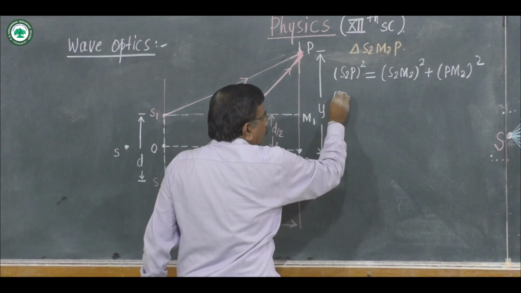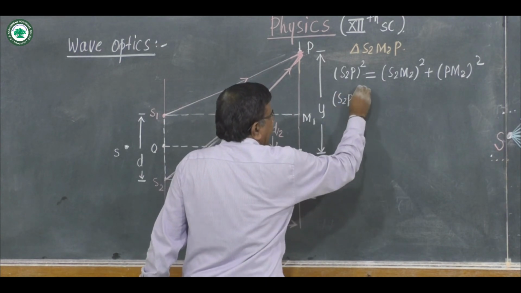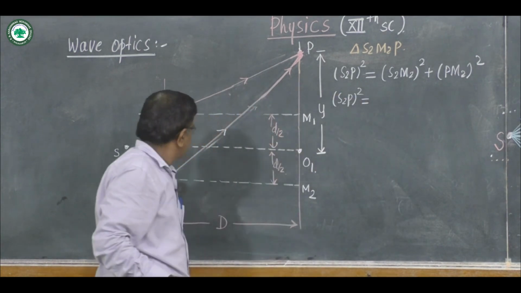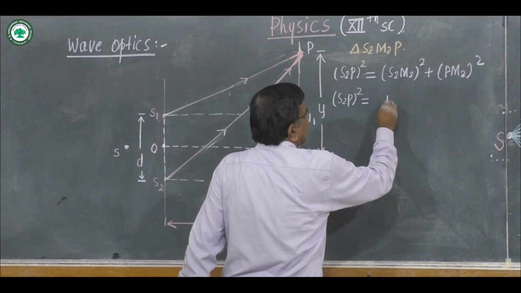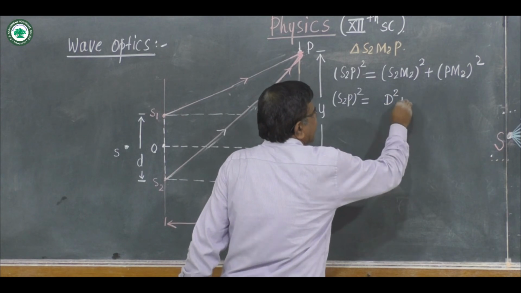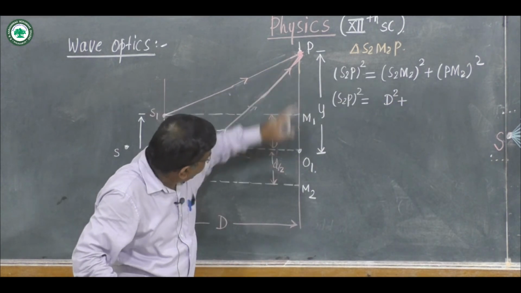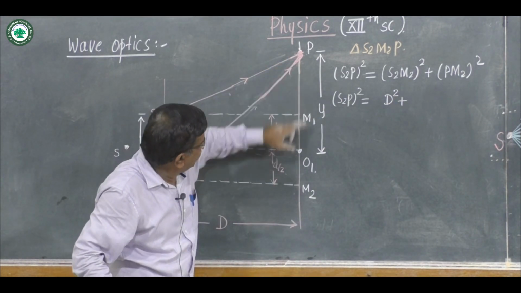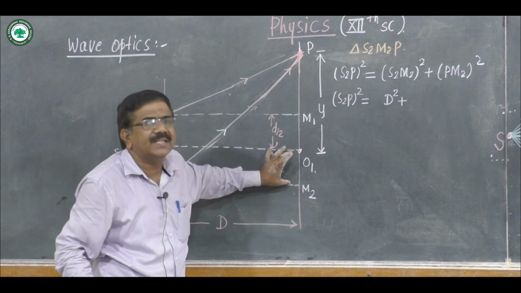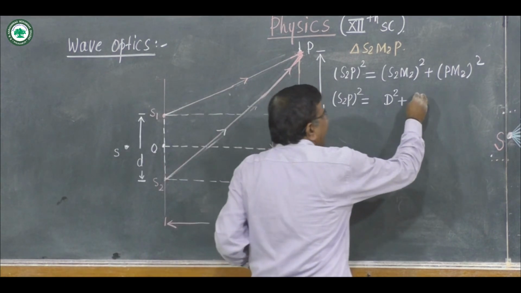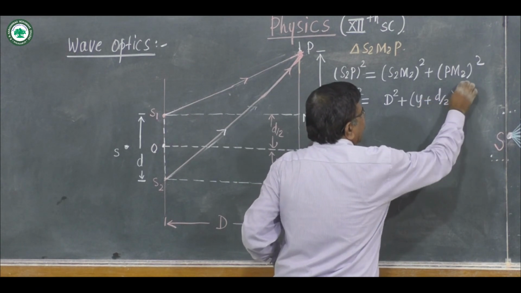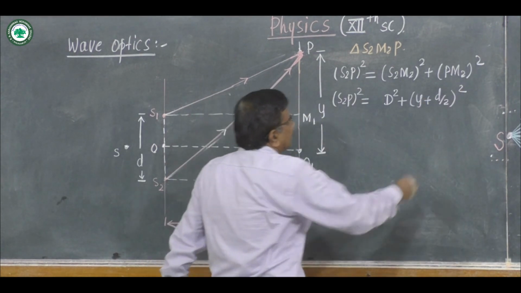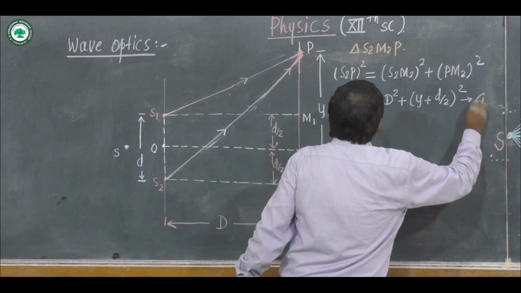So S2P square is S2M2 square, that is d square, plus PM2, which means y plus d half, that is (y plus d by 2) square. So this we get as S2P square.